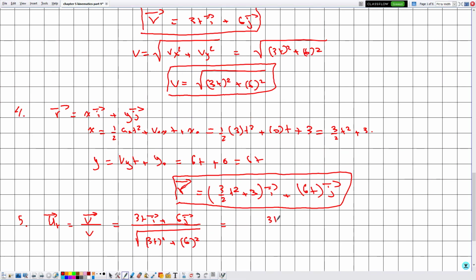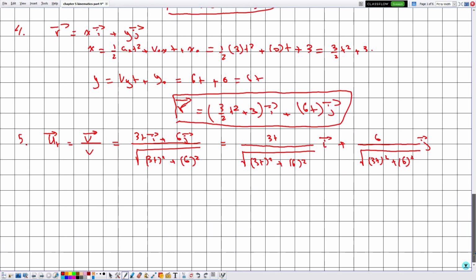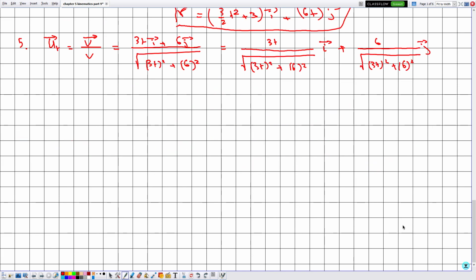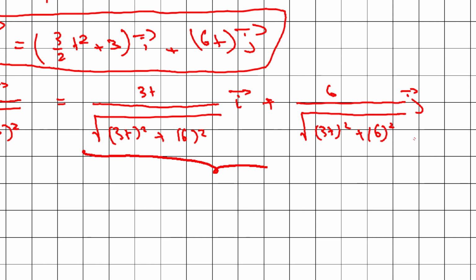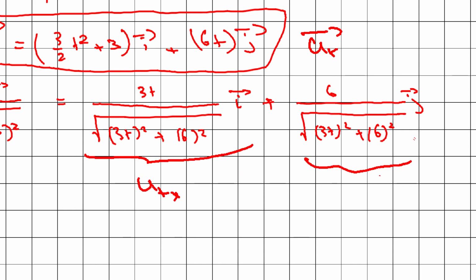Then let's split these fractions in order to identify the x and the y component. So in this case, this represents the unit vector u tangential. So this is its x component utx, and this is its y component uty.